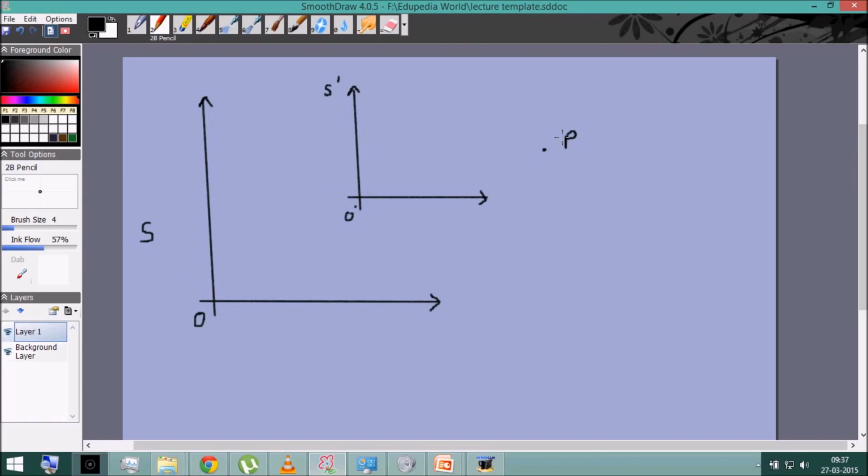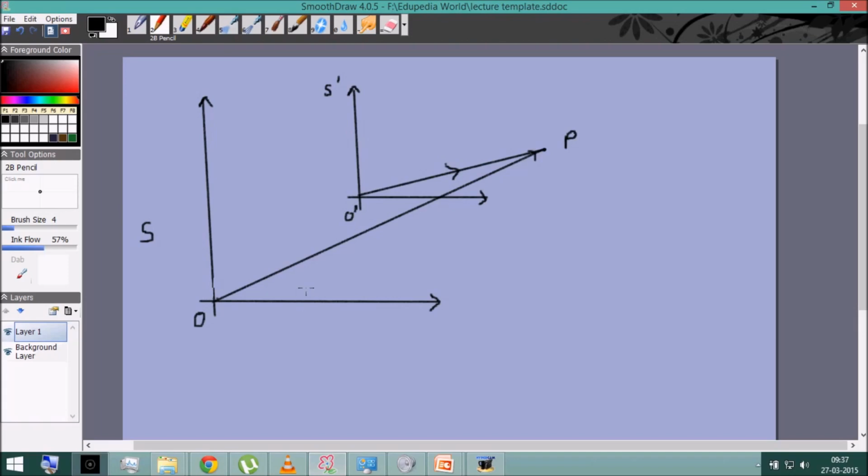And let's say there is a point P. To represent the position of the point, we use something called a position vector. The position vector is simply the vector starting from the origin and going towards that point. So the position vector of P in the frame S would be this vector OP. And the position vector of P in the frame S dash would be this vector O dash P.